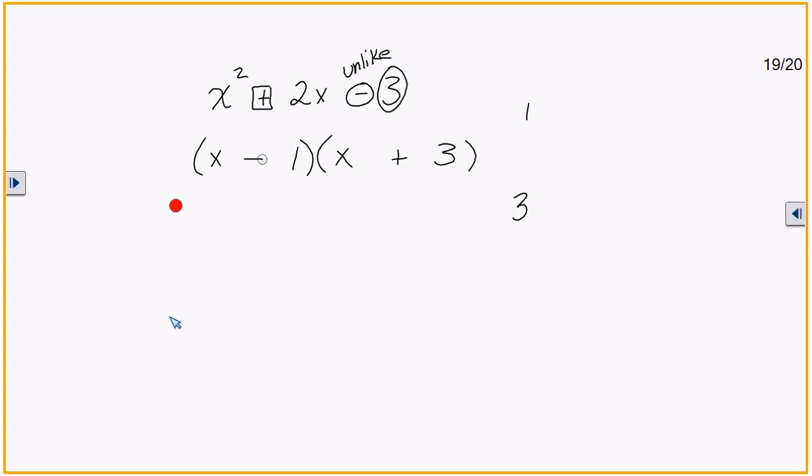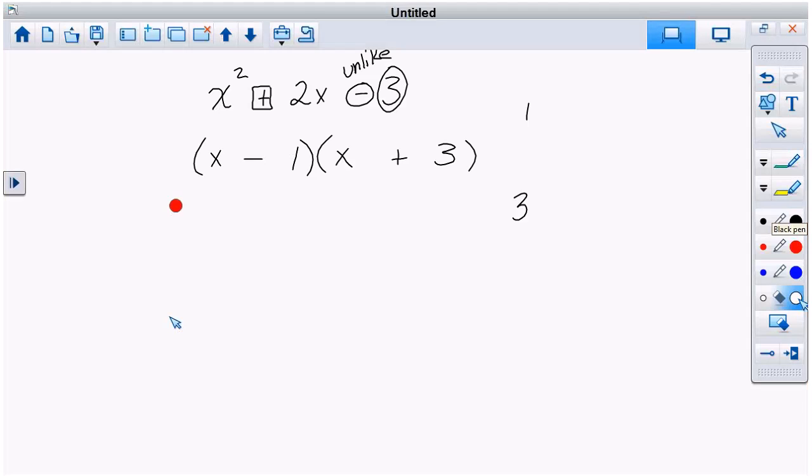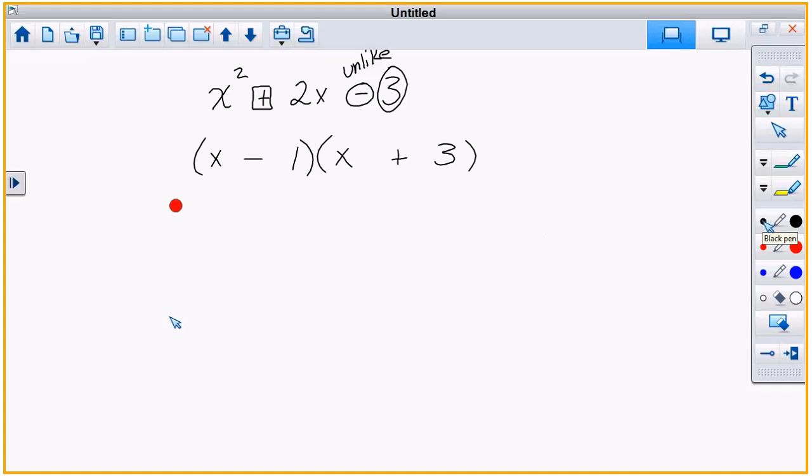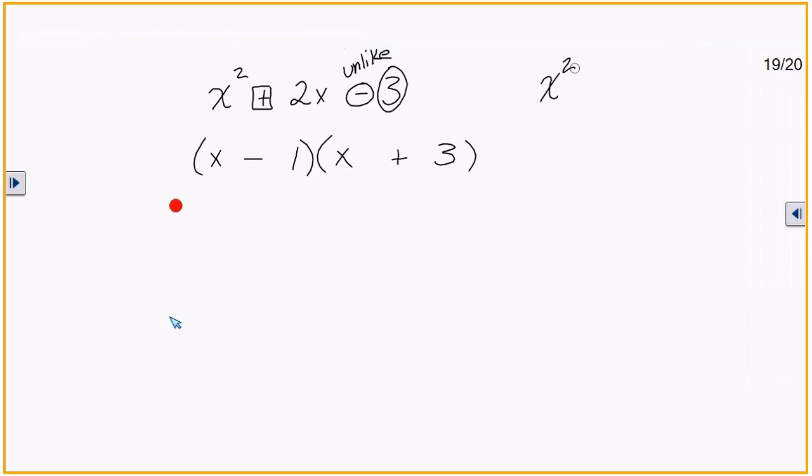So let's do another one. x squared, let's go with plus 5x minus 14.